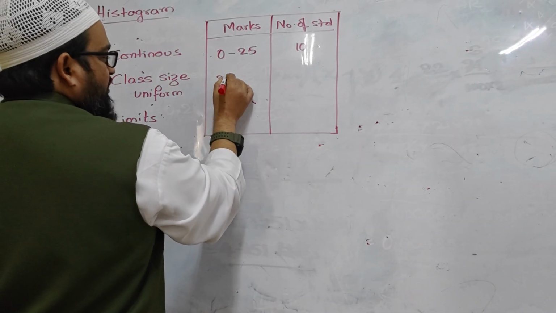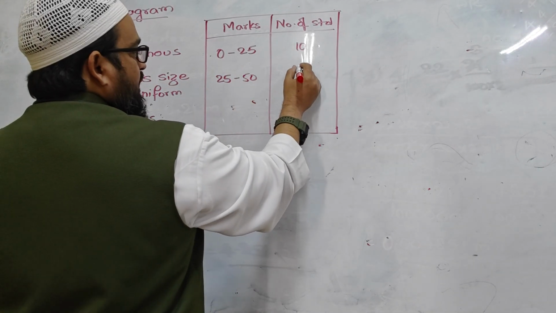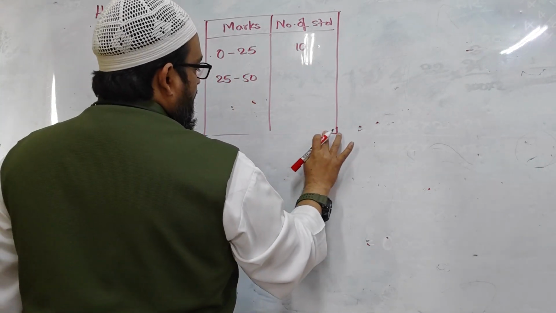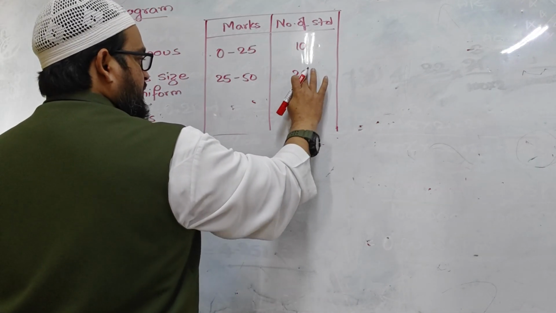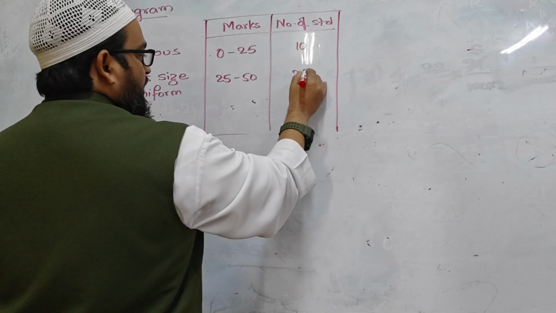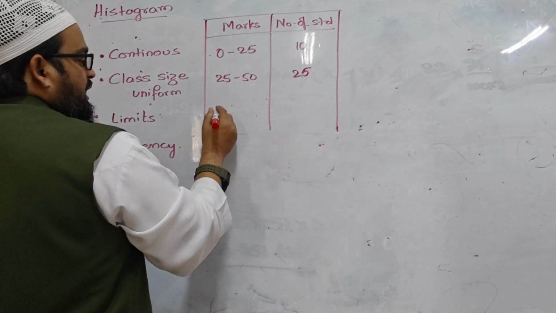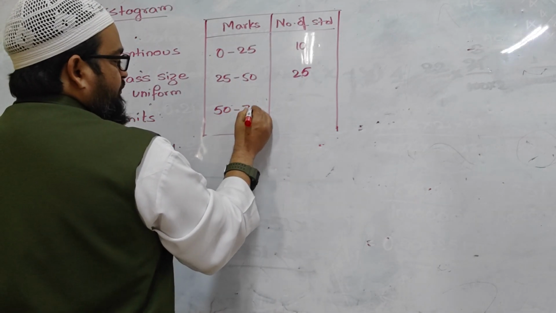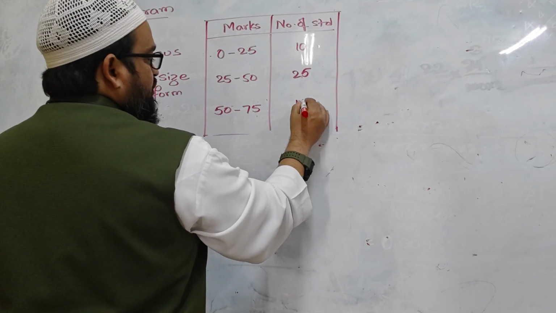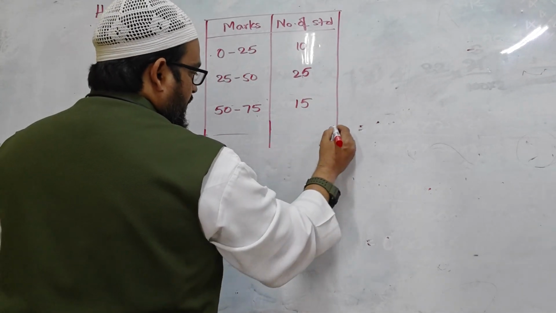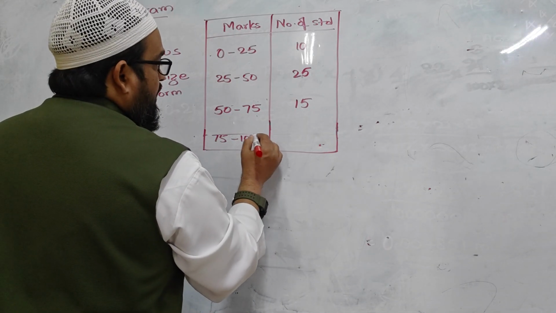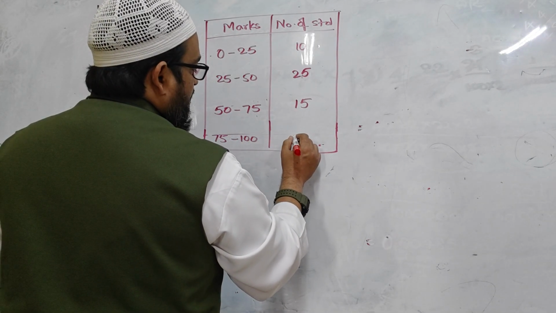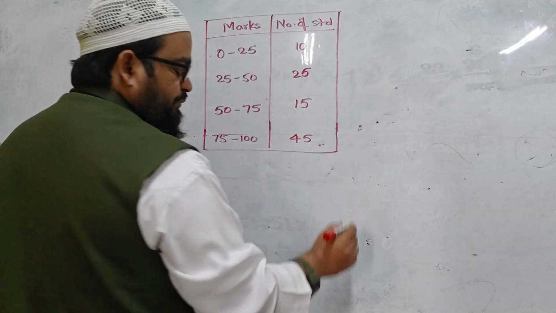And 25 to 50, let us say there are 25 students. And after that, 50 to 75, there are 15 students. And from 75 to 100, let us say I have 45 students.